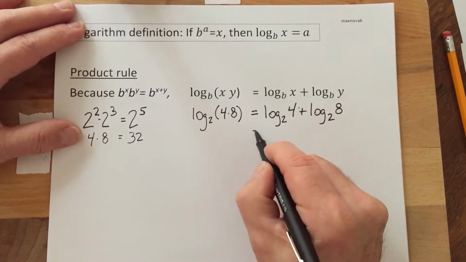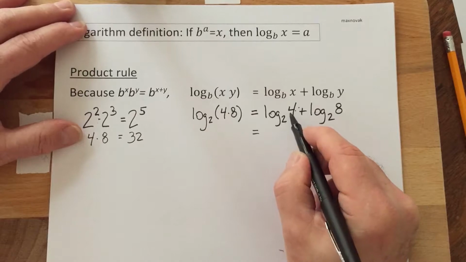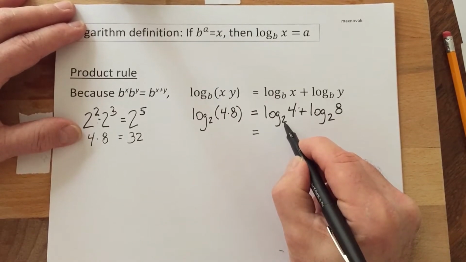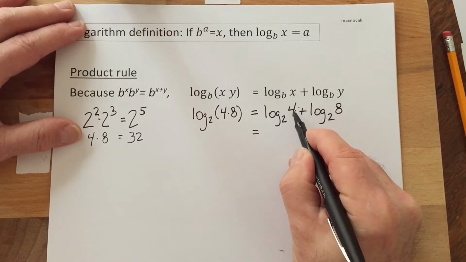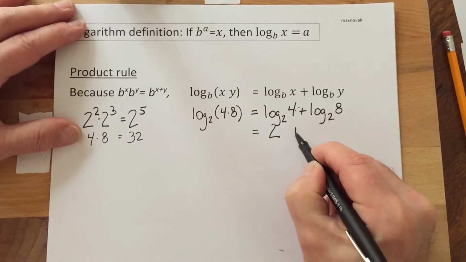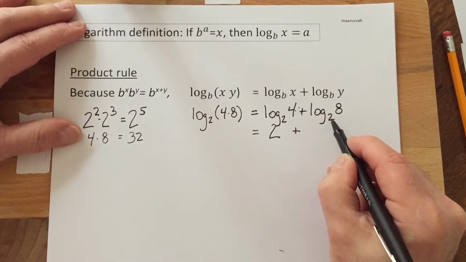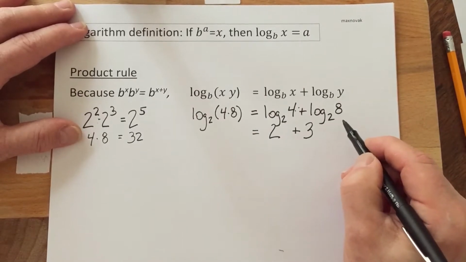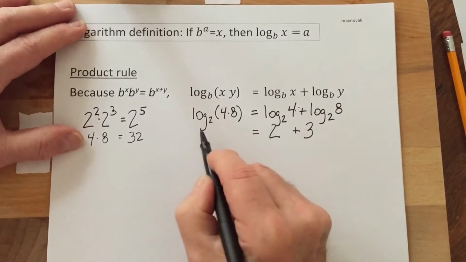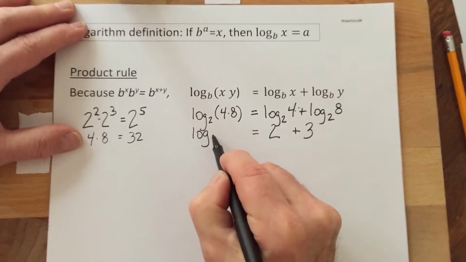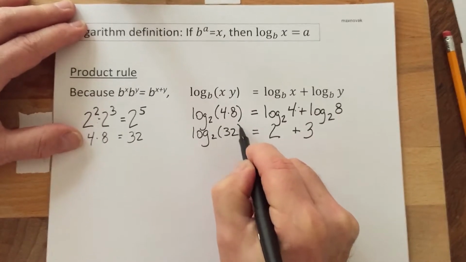And let's just look to see, so what's log base 2 of 4? What number do you need to raise 2 to get to 4? That's right, 2. What number would you raise 2 to get to 8? 3. And then this is the log of 32.